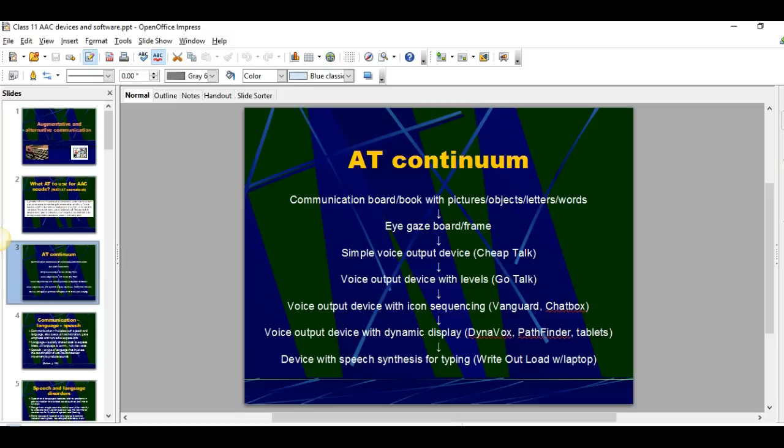Voice output device with dynamic display, Dynavox, Pathfinder, and different tablets. And the most technologically advanced is a device with speech synthesis for typing, using software programs such as Write Out Loud with a laptop. So pretty much any computer that has a speech output and a speech software is one of those.